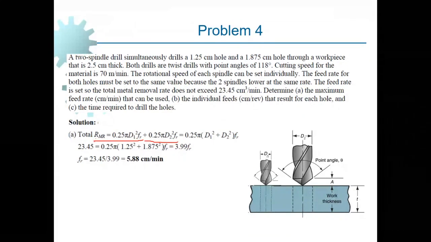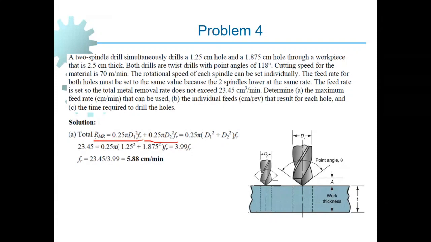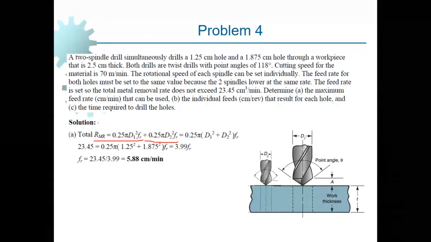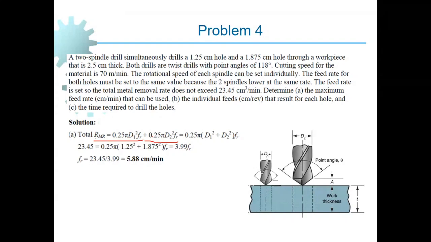Now, this equation gives us the total material removal rate. What results from the action of the first cutting tool, and what results from the action of the second cutting tool. And then we can rewrite the right-hand side of the equation in this form. So now we have F, the values of D1, the diameter of the first cutting tool, D2, the diameter of the second cutting tool, and also the maximum material removal rate. The only unknown parameter is now the feed rate.